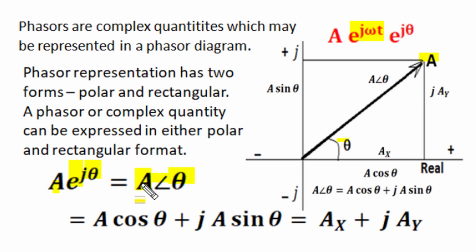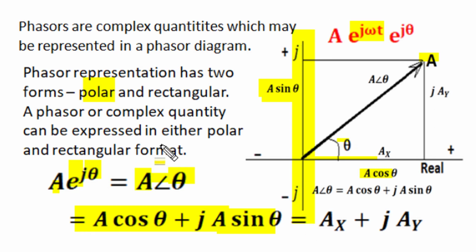Now this representation, magnitude and angle form, is known as the polar representation of the phasor, and when its two resolved components are obtained, one along the horizontal line, A cos theta, and another along the vertical line, A sin theta, then this A cos theta, A sin theta format is known as the rectangular format. And here this j notation represents the imaginary nature of this A sin theta number, and this j line is known as the imaginary line.